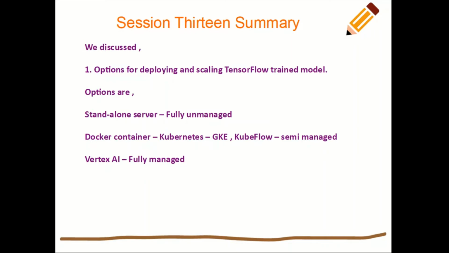And before we come to the summary of all this, we will also see some of the demonstrations that we have, and then we'll come back to the summary and wrap up this particular session.